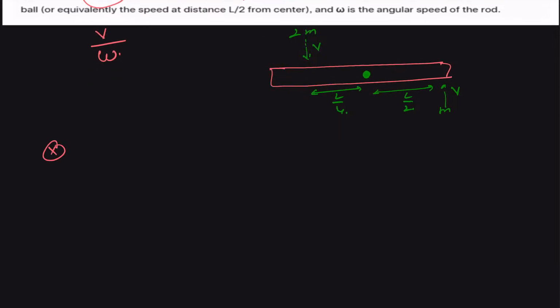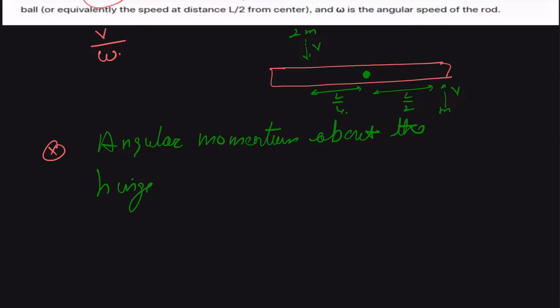So you can say that our angular momentum, because there is no external force present, so angular momentum will be conserved, and we can say angular momentum about the hinge is conserved.